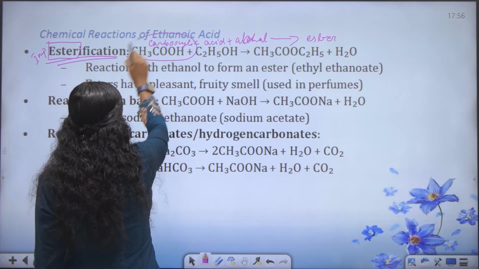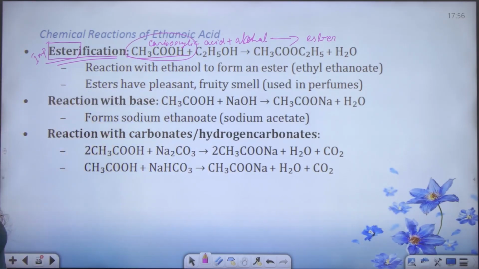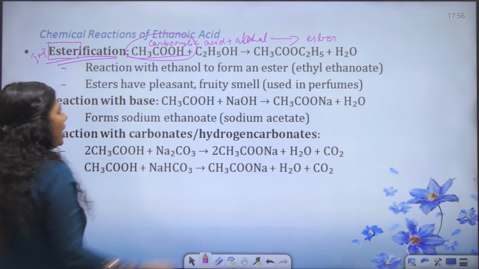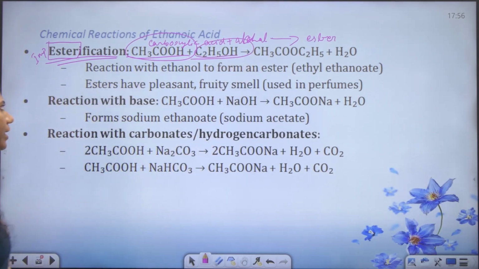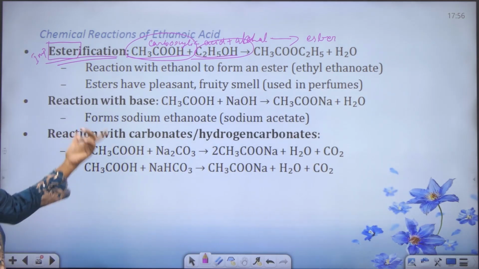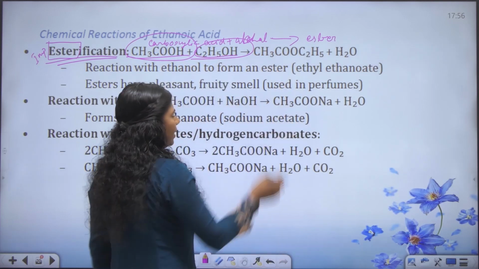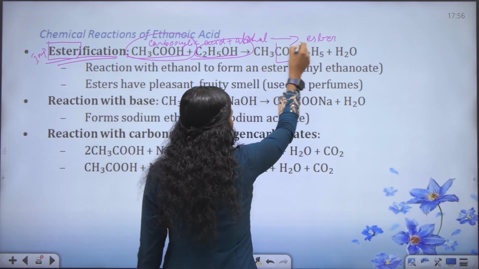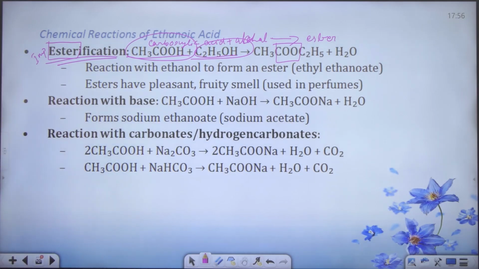Carboxylic acid, CH3COOH, acetic acid or ethanoic acid, is an example. It reacts with C2H5OH, which is ethanol, an alcohol, to form CH3COOC2H5. This is an ester. The functional group of an ester is COO.